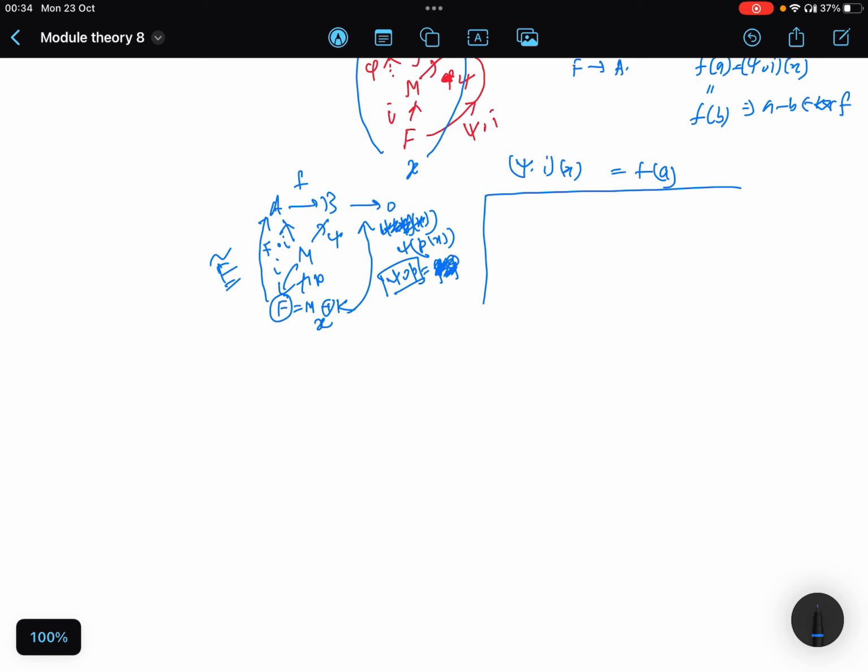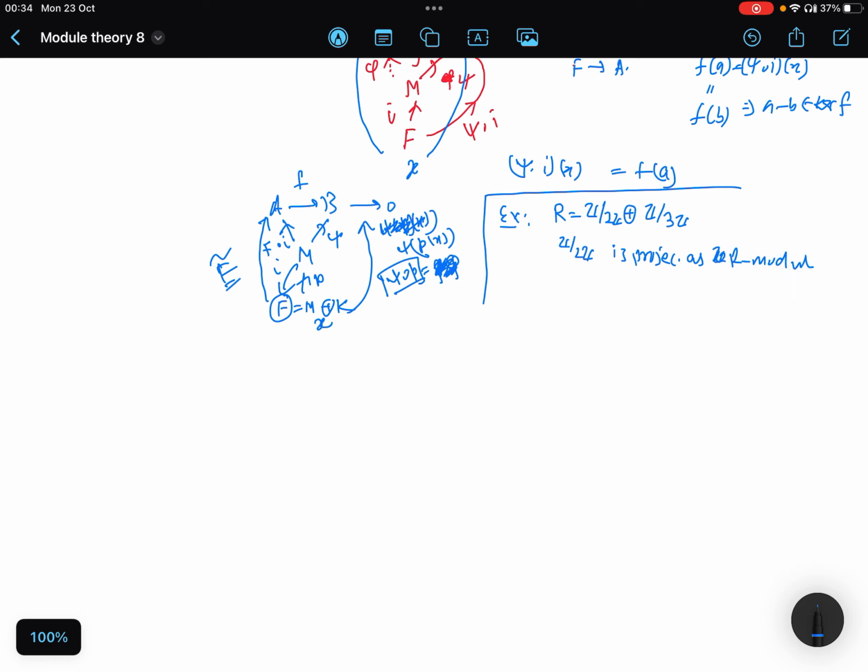So let's see the example first. Say the ring is R equals Z mod 2Z direct sum Z mod 3. This is a ring. So Z mod 2 is projective as an R-module, right?